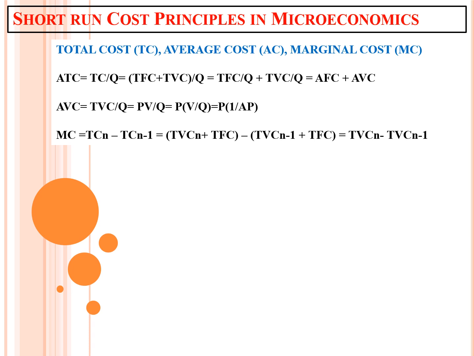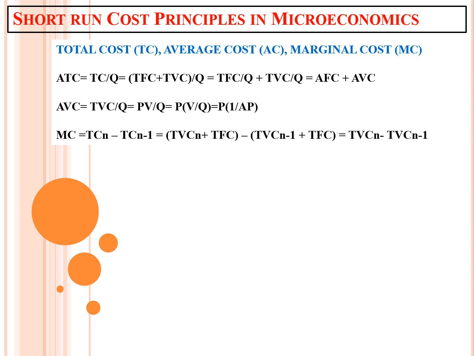These are factors like raw materials, labor, chemicals. These are called the variable cost. As the name indicates, it varies according to the variation in output, so it is a variable cost.